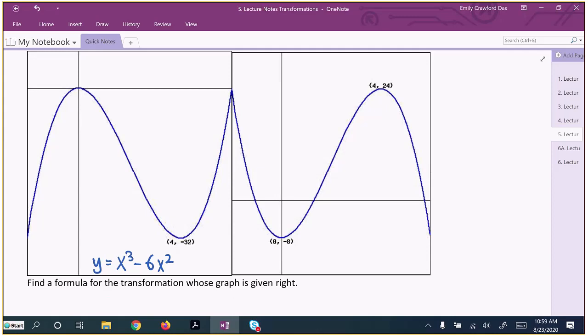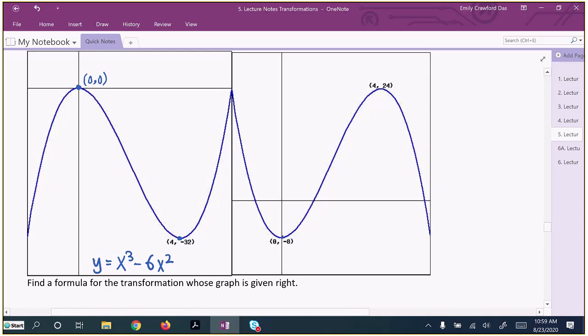I find that it's probably best to focus on certain points, which is why, as you can see, they've given you the coordinates for certain points. This one isn't given, but we can see that it's 0, 0.